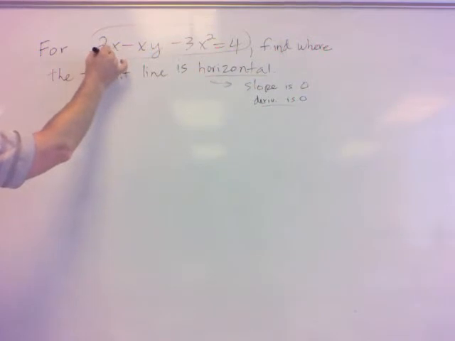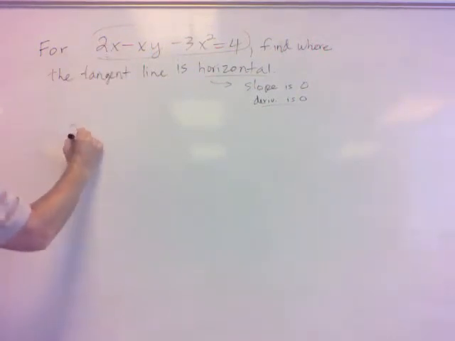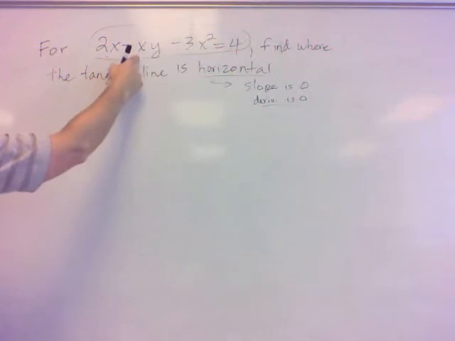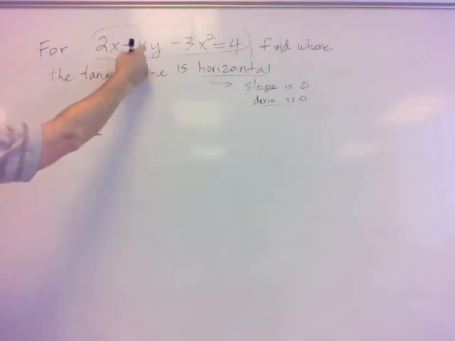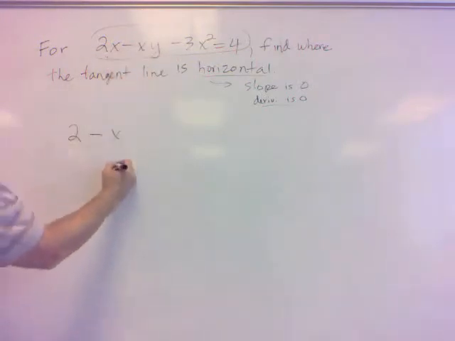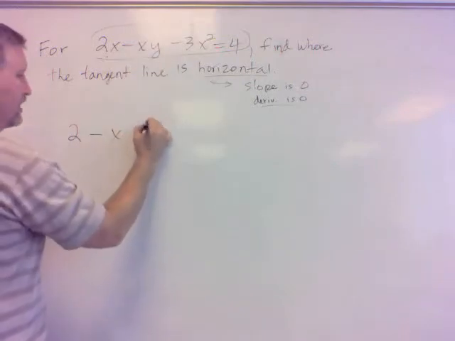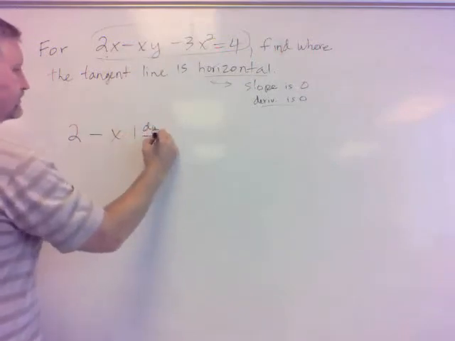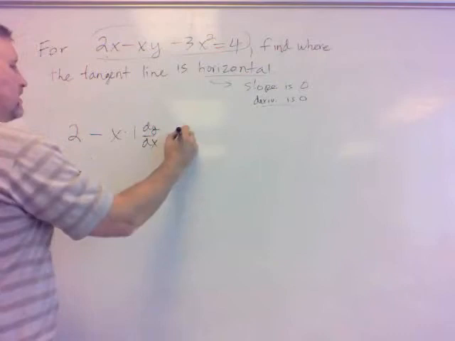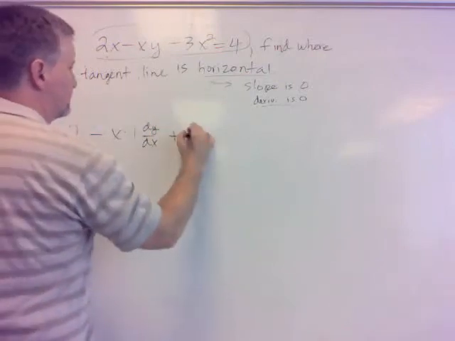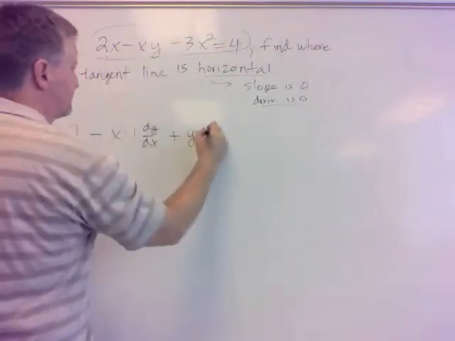So that would be 2. Derivative of that would be 2. Here I'm going to have to use the product rule. First, minus x times the derivative of the second. Well, that's y, so the derivative would be 1, but it's a y, so I've got to do dy dx. Plus the second y times the derivative of the first, which would be negative 1.